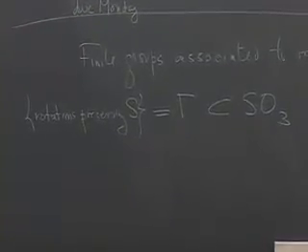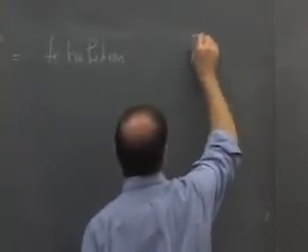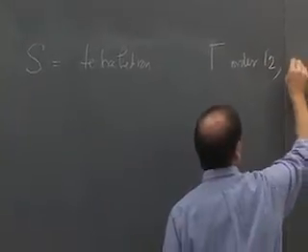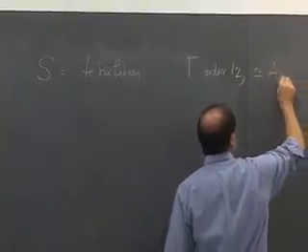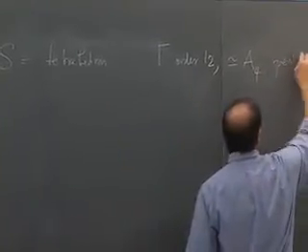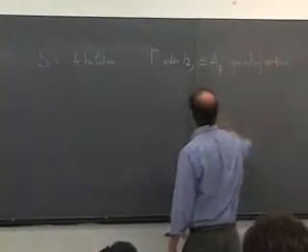The tetrahedron, and gamma is of order 12 in this case, as we showed, and we're going to show it is isomorphic to A4 permuting the vertices, because there are 4 vertices, so that gives you a subgroup of S4.